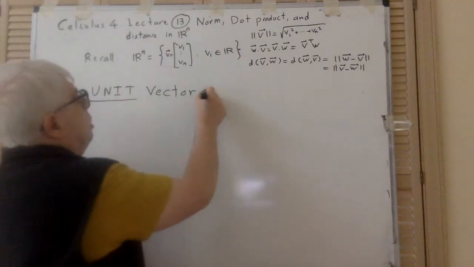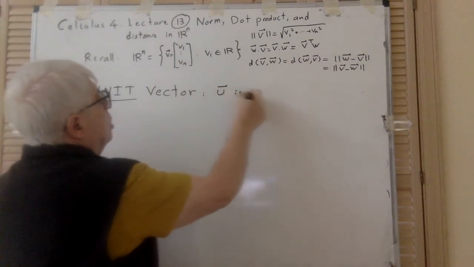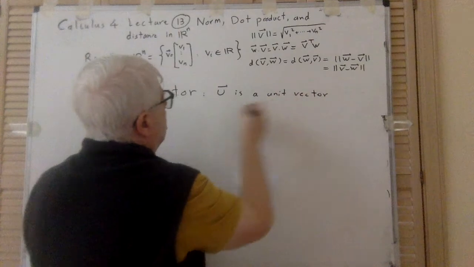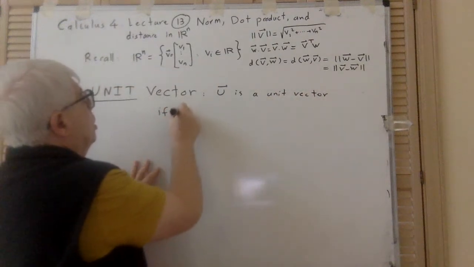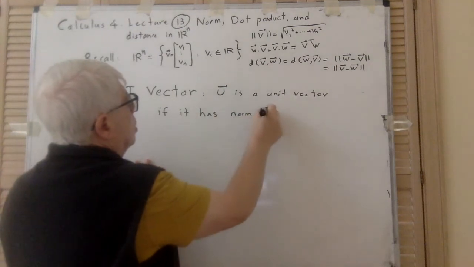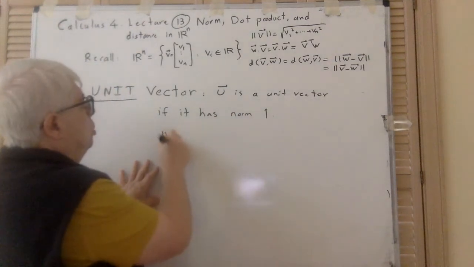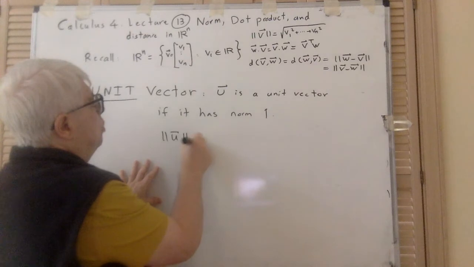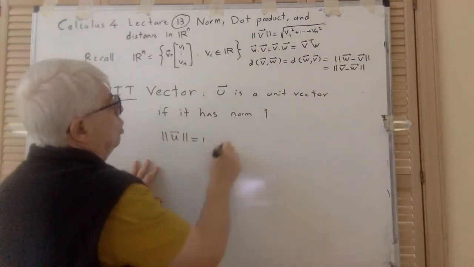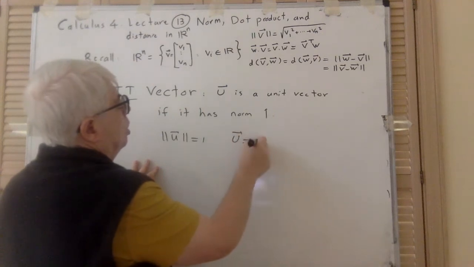We say that u is a unit vector if it has norm 1. So if the norm of u is 1, then u is a unit vector.